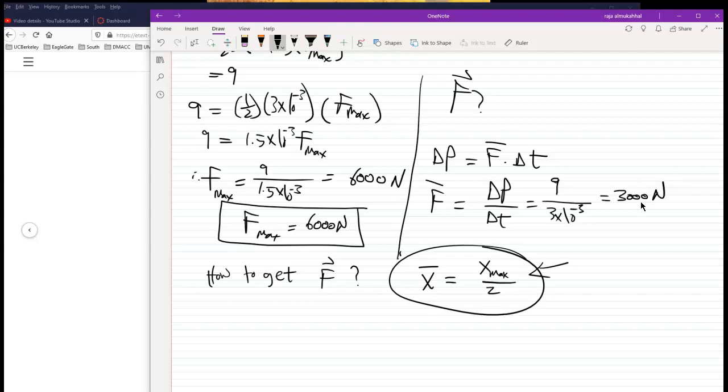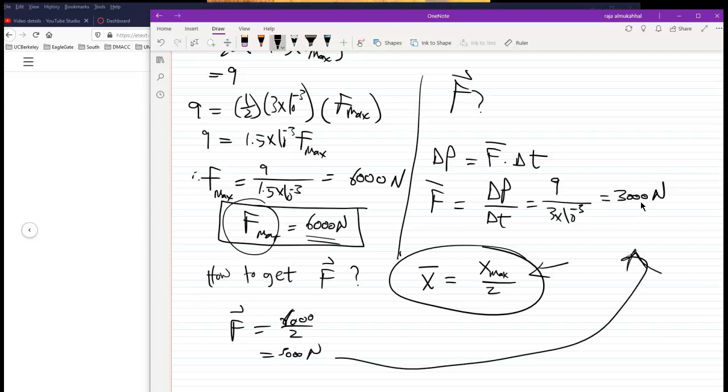If you're in a hurry and you want to calculate the average, if you know the max, just divide by 2. Generally, this is in general. It's not how to do this problem. So we get the max to be 6,000. Therefore, F average will be 6,000 divided by 2, and that will be 3,000. There it is right there. Got it? So that would be one way to do it. But technically, we should do it the other way.